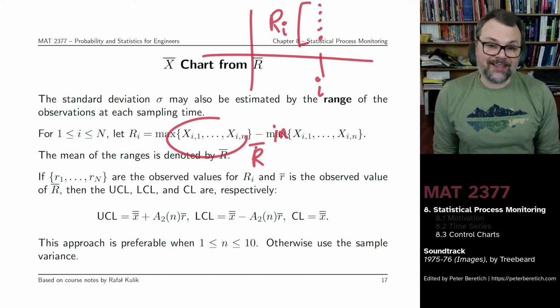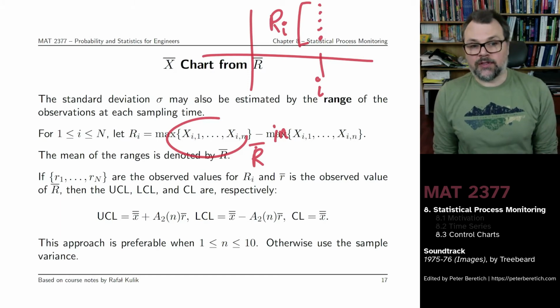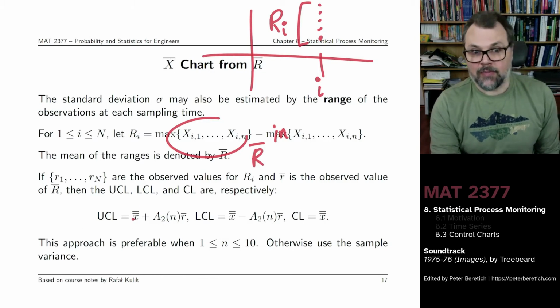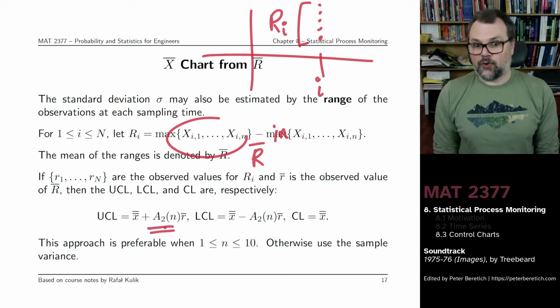Then you would get different upper control limits, lower control limits. Instead of getting an upper control limit as X bar plus A3N times S bar, you're going to use the range here. You just need to use a different type of coefficient. It's the A2N coefficient.